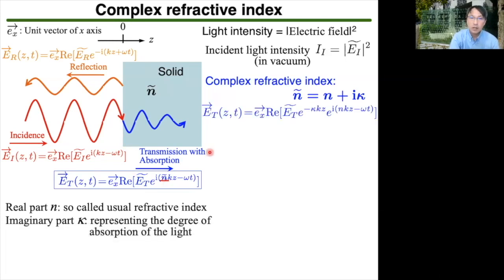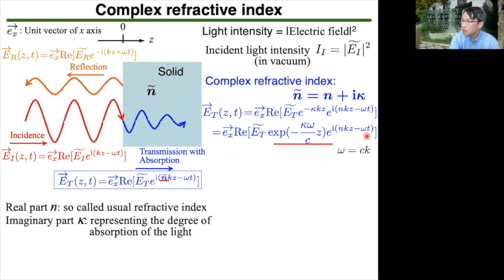Now we can calculate the intensity of the transmitted light following the definition. Since the complex refractive index is a complex scalar, we can obtain this formula. The component of the exponential i(nkz minus omega t) stands for the plane wave.